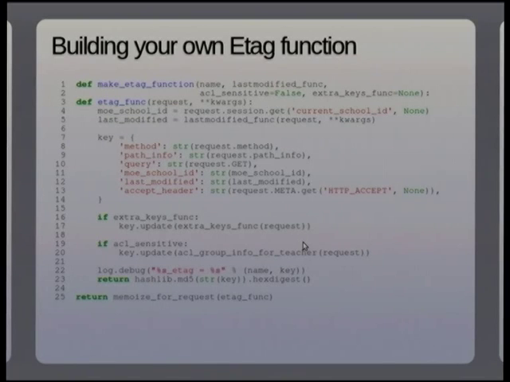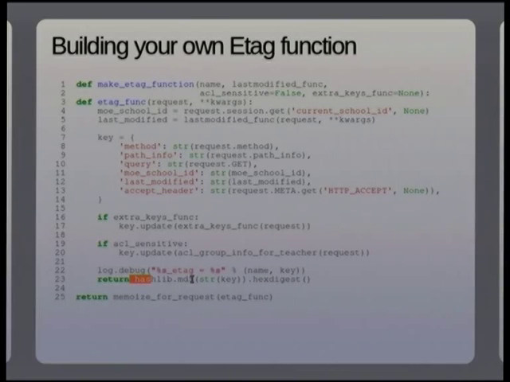All you need to really realize is in order to get my Etag for any page, I'm grabbing a bunch of information that I think is important, like what the query was, what the path was, the school ID of the person who happens to be logged in. That's important in the context of my project. I'm putting all this stuff into a dictionary, and then I am adding some arbitrary things from other views, details about their access control, and then I am turning that dictionary into a string, and then I am just MD5ing that string.